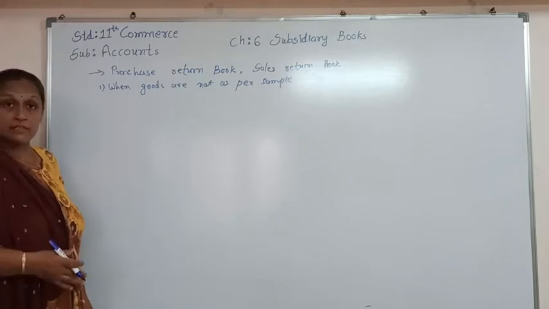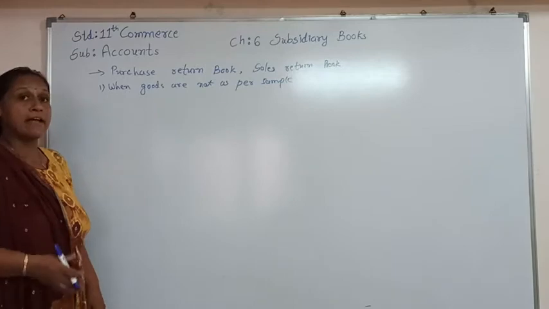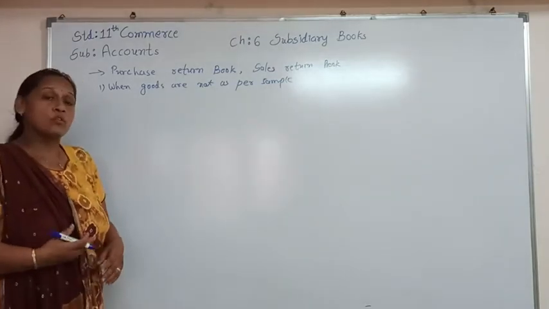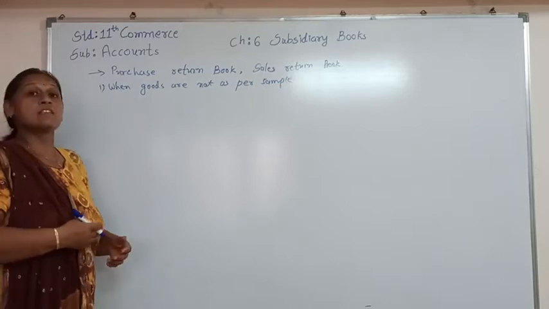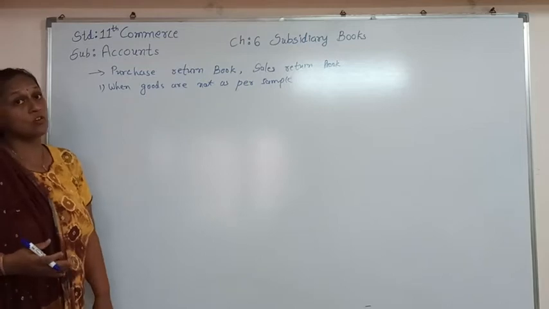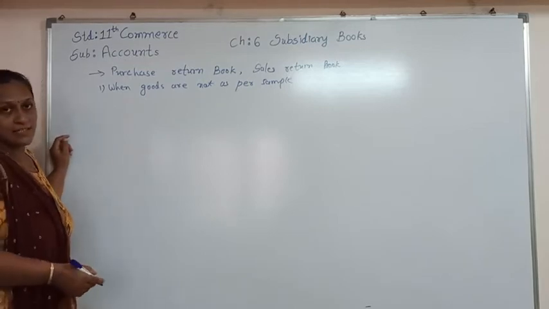When we have seen the sample and placed an order accordingly, and the goods are not according to it, then we can return the goods, that is called purchase return. Same for the customer. If the customer finds that the goods are not as per the sample, he can return the goods to us, that is called sales return.